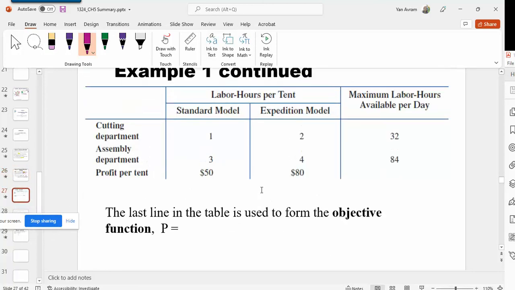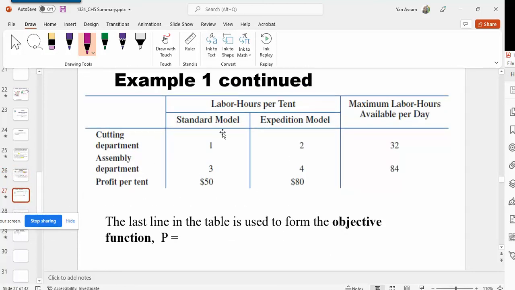So, labor hours per standard model and expectation model. Cutting department: this requires 1 hour, this requires 2 hours. Assembly department: the standard one requires 3 hours, the expectation model requires 4 hours. And that is the maximum labor available.